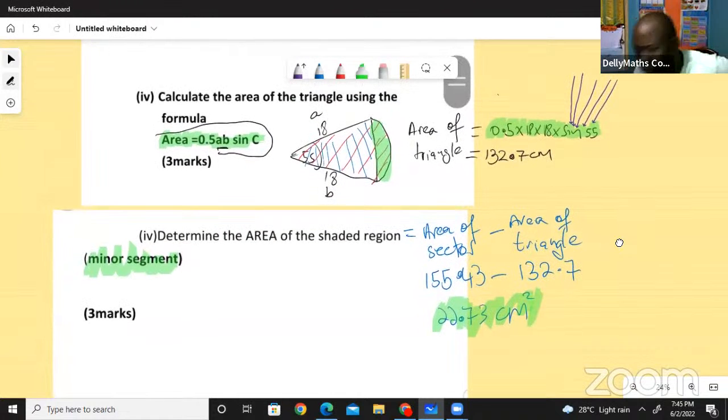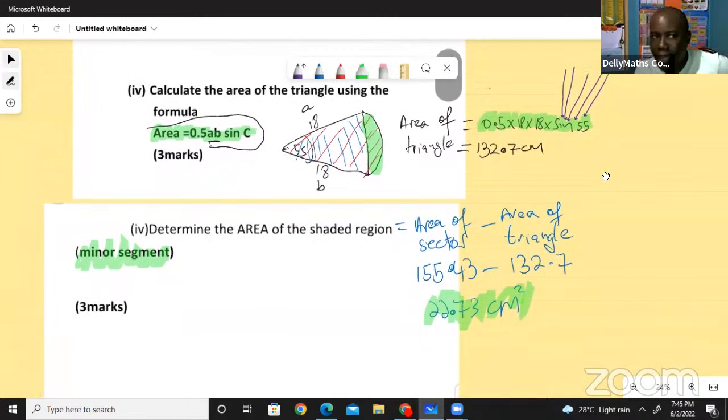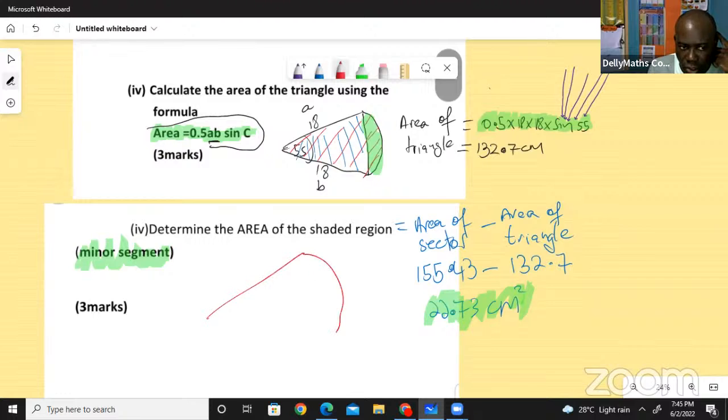Remember I said to you, you're going to have me question, to quiz. Bottom line, area of sector minus the area of the triangle will give you the minor segment or the major segment. But the idea is a segment, which is the little shaded part out there. So I'm going to draw out the diagram for you quickly so that you could have back a visual of what we just did.